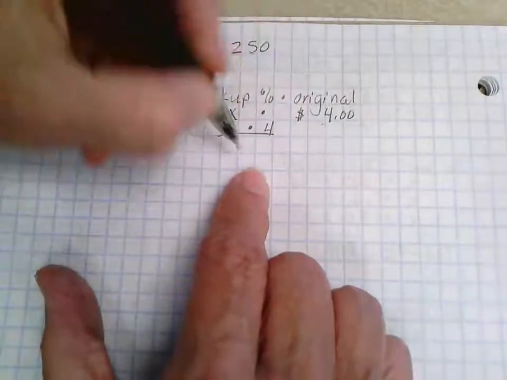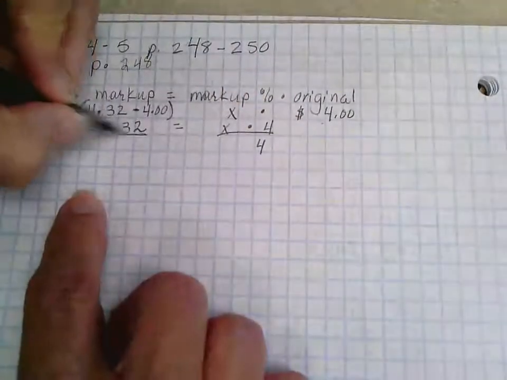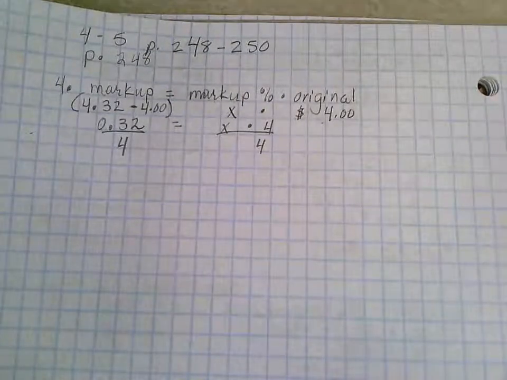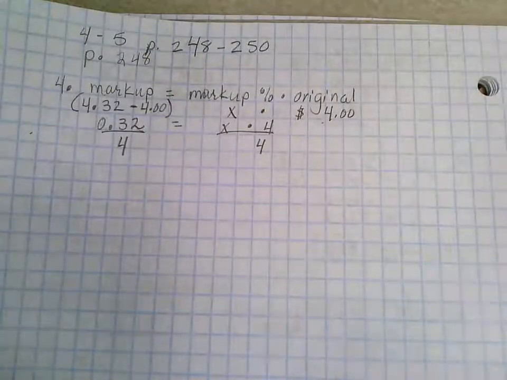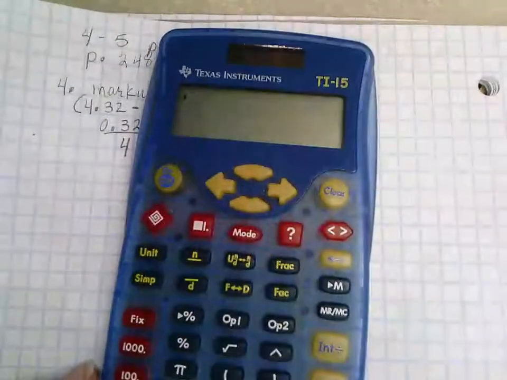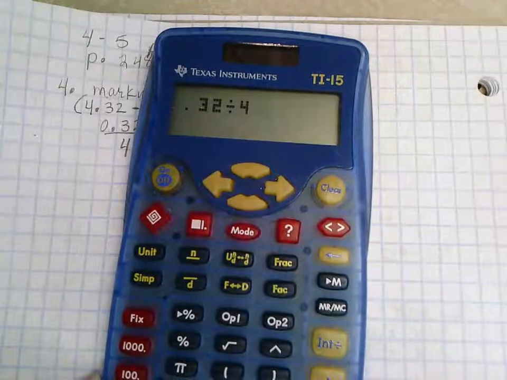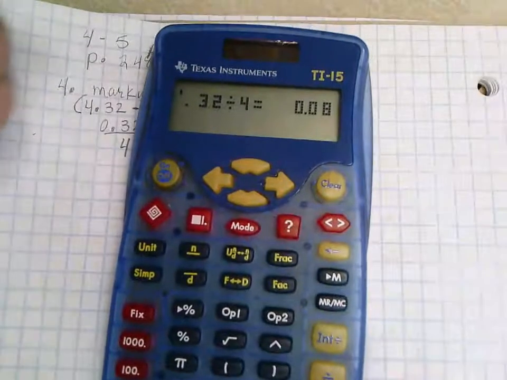So we're going to divide both sides by 4. And when we do that on our handy dandy calculator, we find out that 32 hundredths divided by 4 is equal to 8 hundredths.